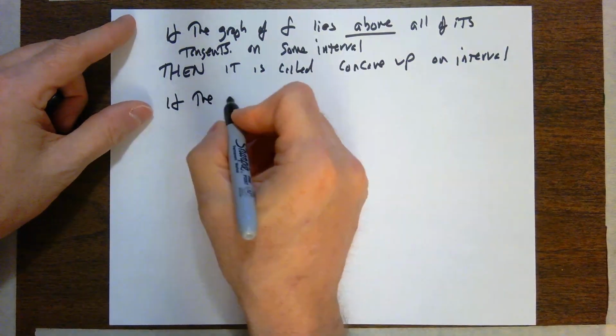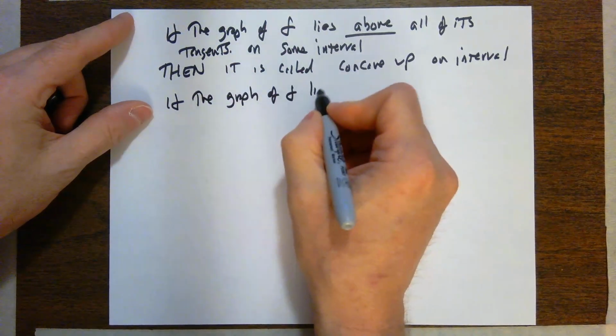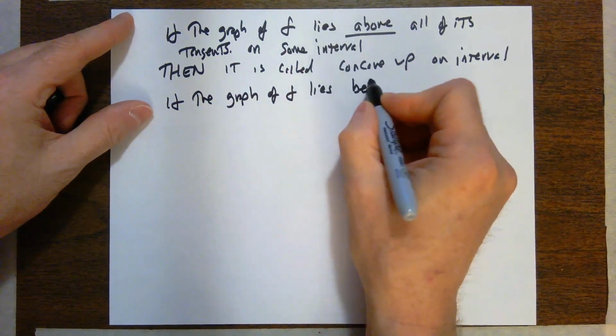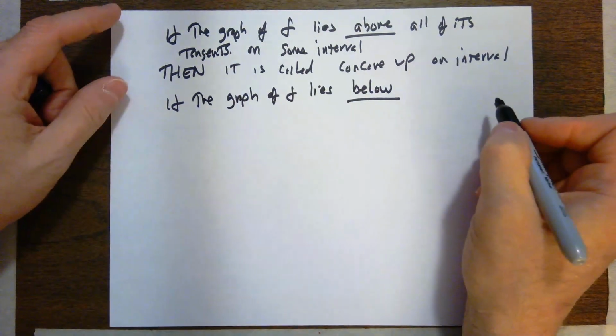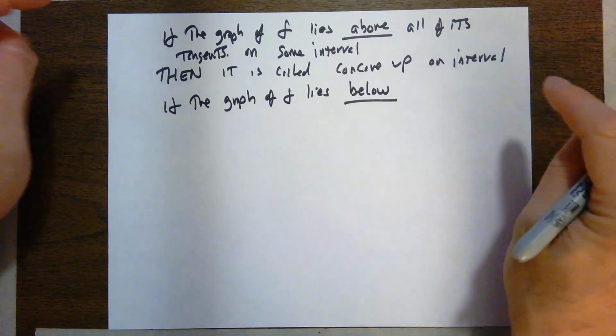If the graph of f lies below, and we're going to do graphs of this. We're going to look at it, we'll pull it apart.